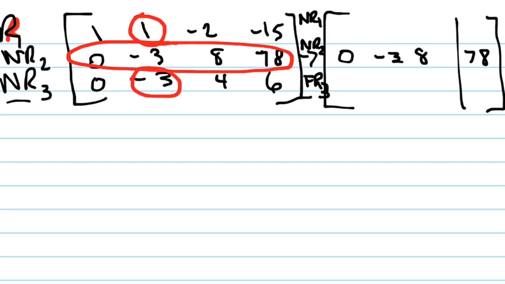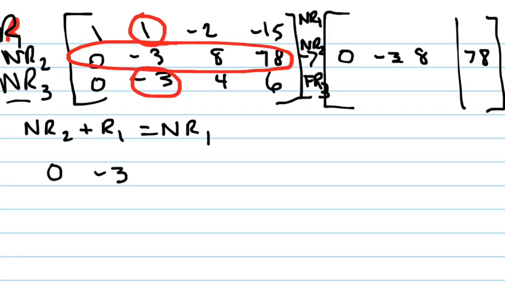Okay, here we go. We're doing our row operations. So we're using new row 2 plus row 1 to get new row 1, right? So new row 2 is 0, -3, 8, and 78.